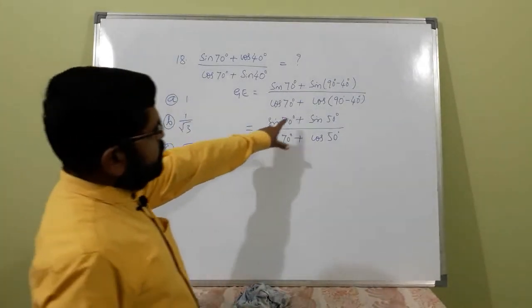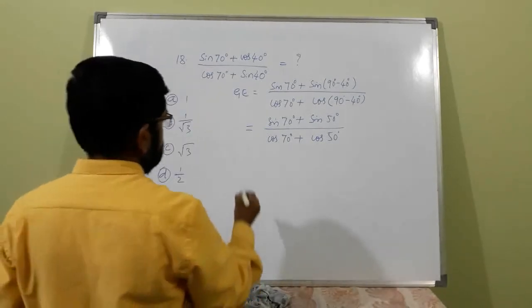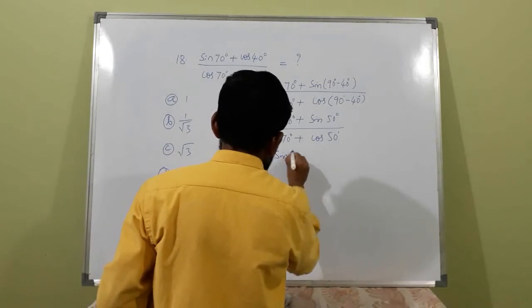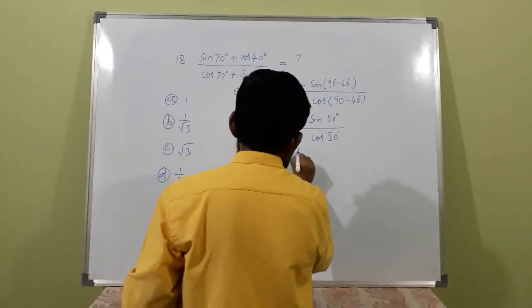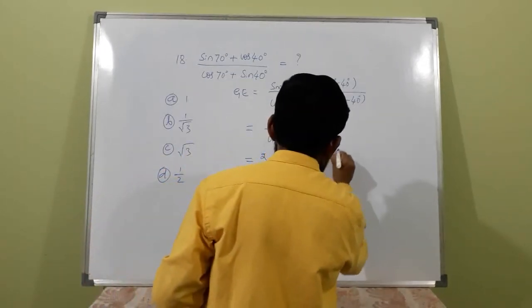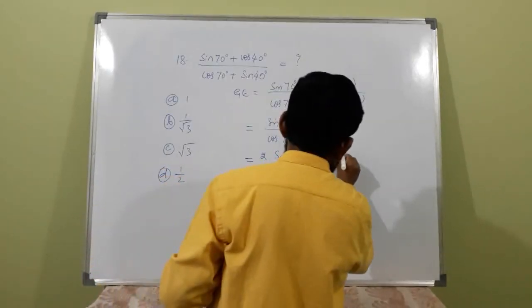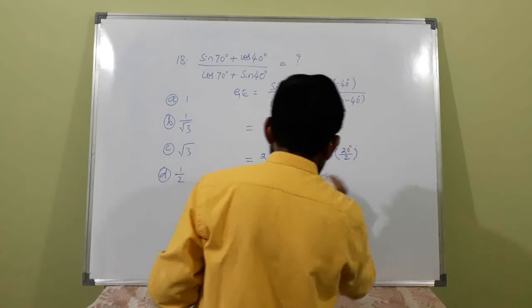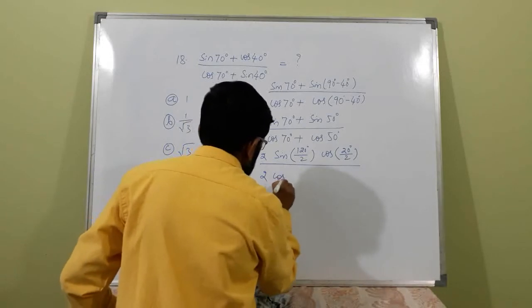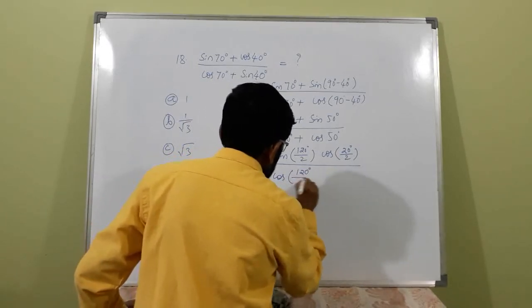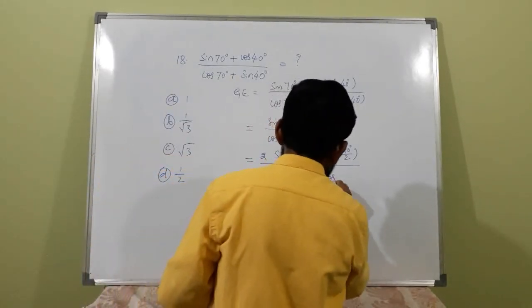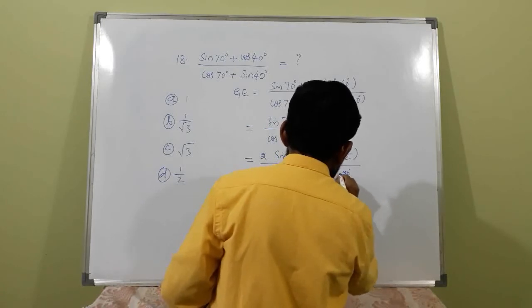Sin x plus sin y, cos x plus cos y. This is 2 times sin of (70 plus 50) by 2, that is 120 by 2, cos of (70 minus 50) by 2, that is 20 by 2, divided by 2 cos of 120 by 2, cos of (70 minus 50) by 2.